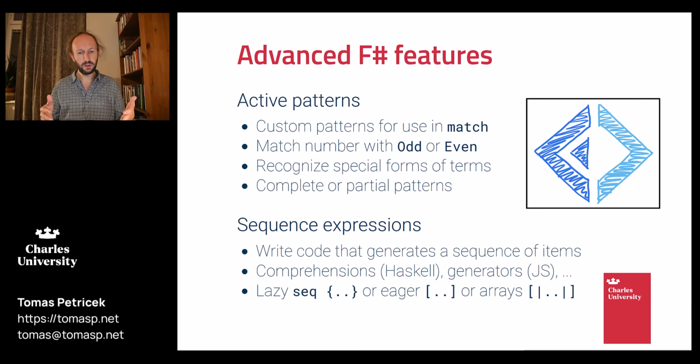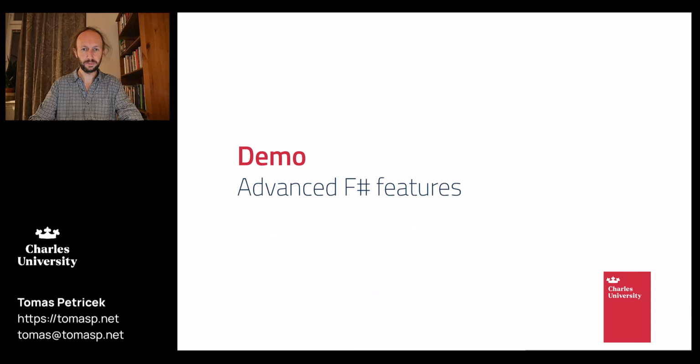In F#, you can collect the data in a lazily generated sequence. This corresponds to IEnumerable in .NET, or you can create a list using the F# linked list, or even an array, which is the syntax with square brackets and a pipe.